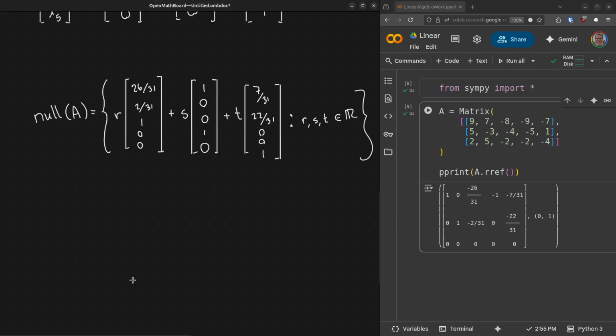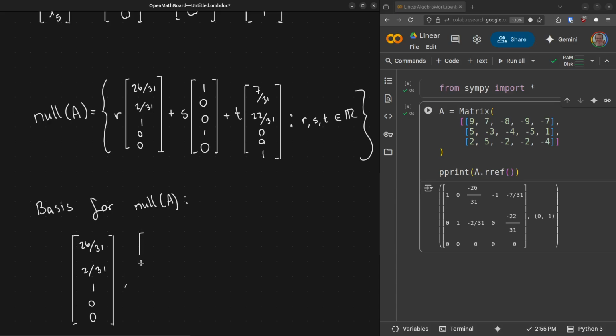So the basis for the null space of A is just those three vectors. So by finding a solution to the homogeneous equation, we also end up finding a basis for the null space of A.